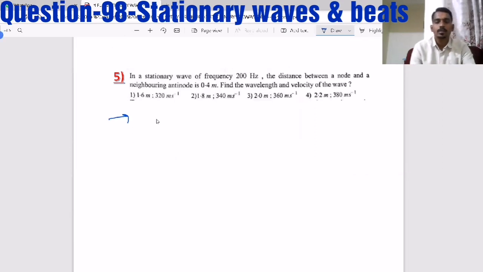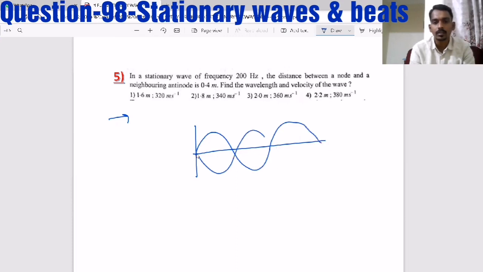Now, in a stationary wave of frequency 200 Hz, the distance between a node and a neighboring antinode is 0.4 meter. Find the wavelength and velocity of the wave. When you consider a stationary wave like this, this is one node and this is the next adjacent antinode.